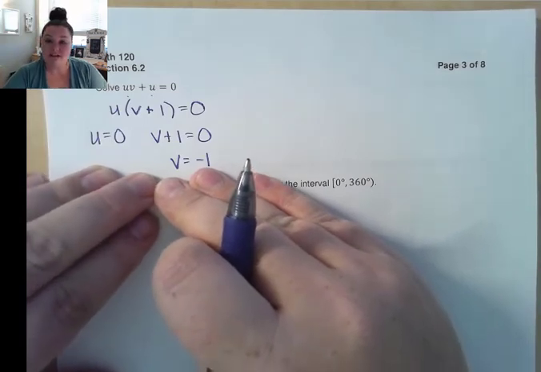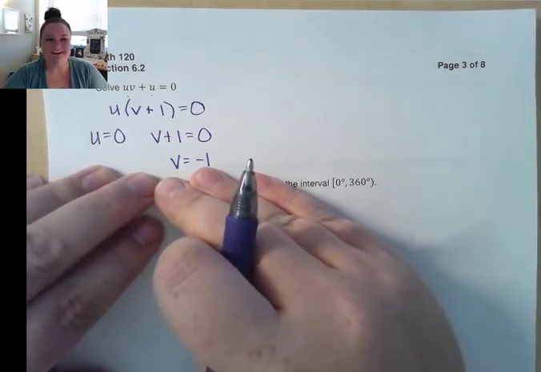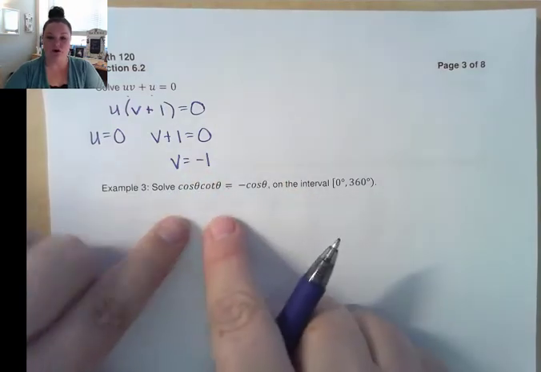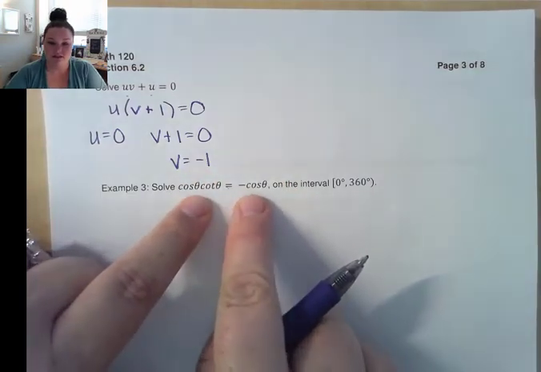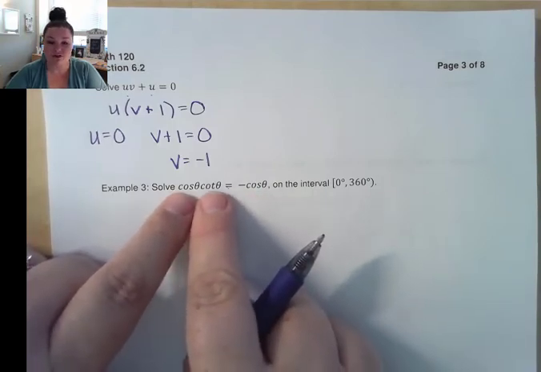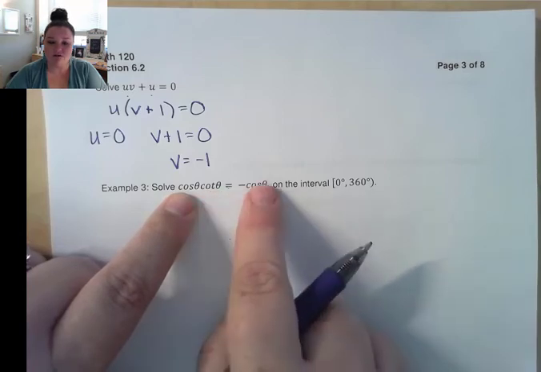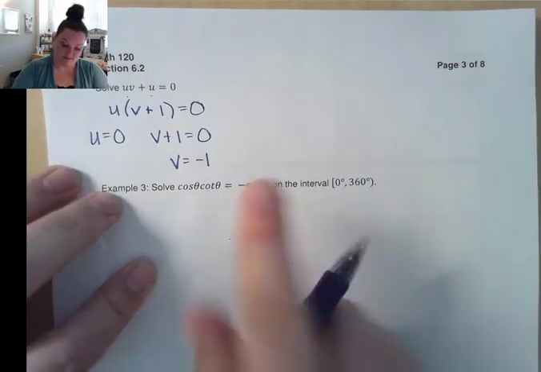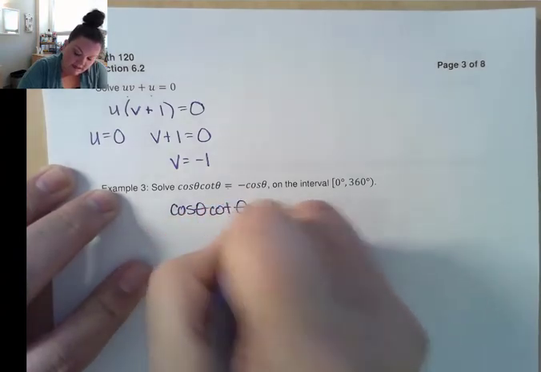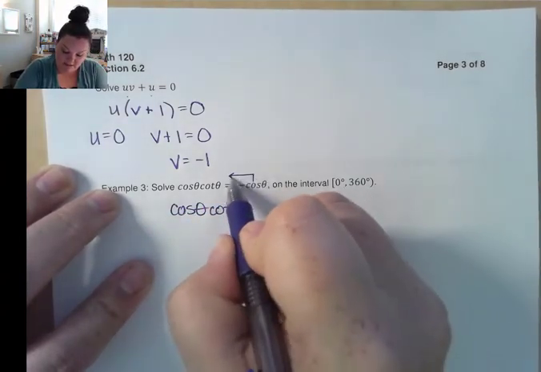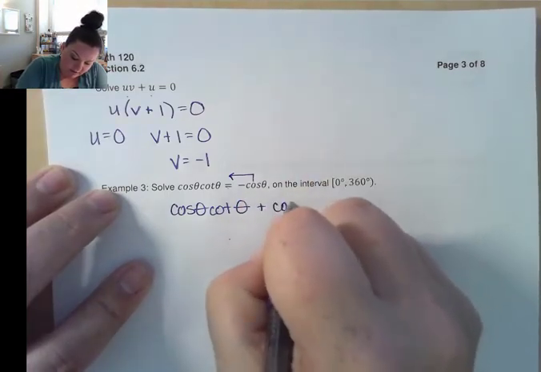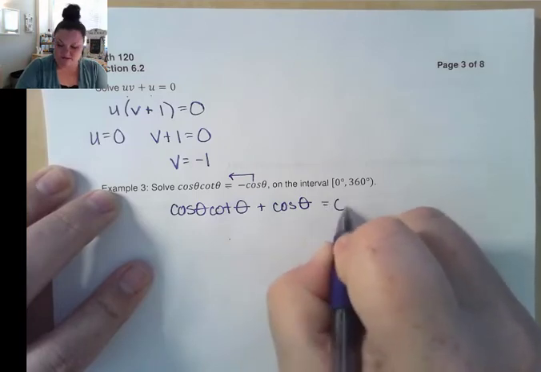So if that is easy to work with, we can actually apply this to our trig function equation. Because notice what we have here is we have two different trig functions, right? So the first thing I want to do is move it all to one side so that it's equal to 0. So I have cosine theta cotangent theta. If I move this to the other side, I would do that by adding, right? So I would have plus cosine theta equals 0.